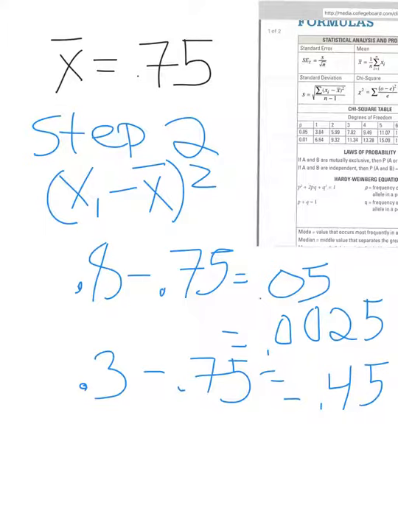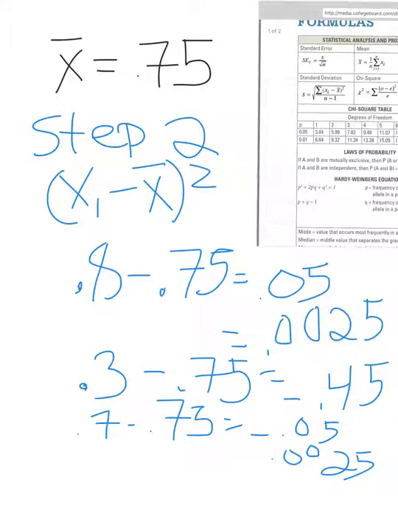So the third one was 0.7 minus 0.75 again. Now we have a negative 0.05, but it's still going to be 0.0025 that we're interested in. And I don't know if I actually ended up squaring the one from the negative 0.45.